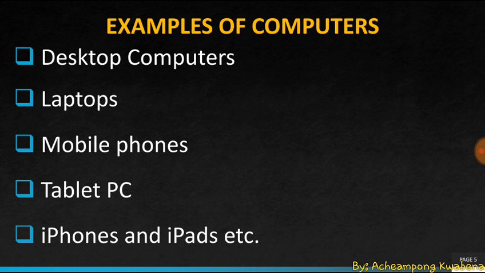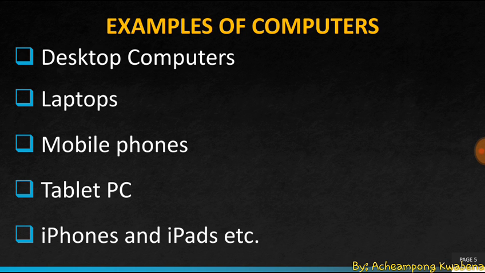Now let's look at some examples of computers. We have desktop computers. We'll have a look at how a desktop computer looks. The next one, we have laptops. Laptops are also computers.